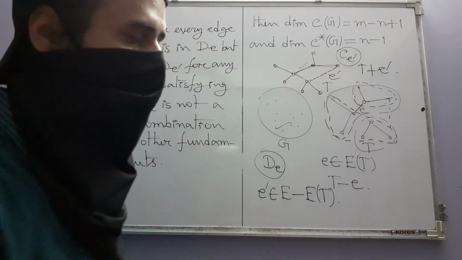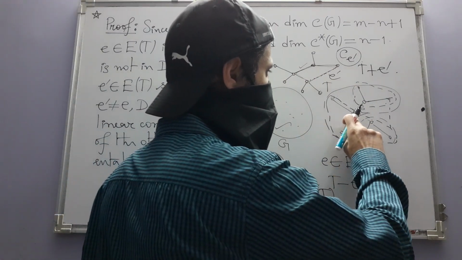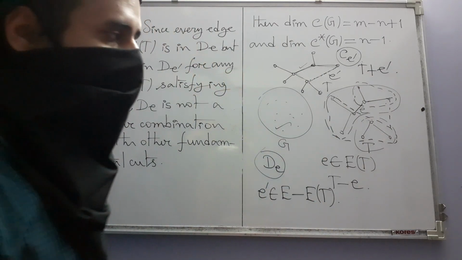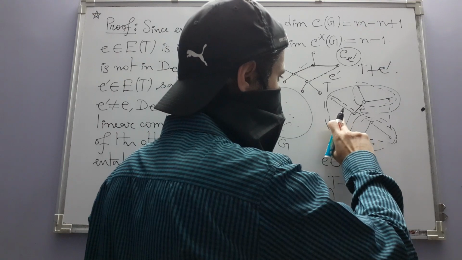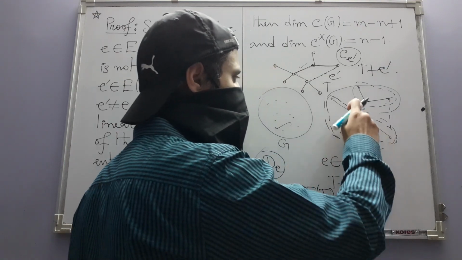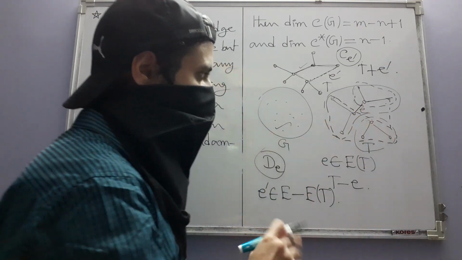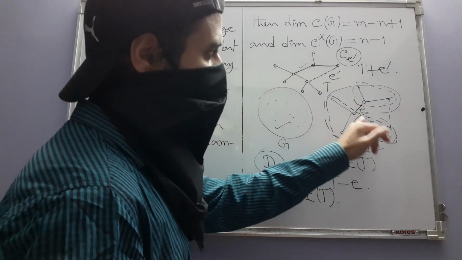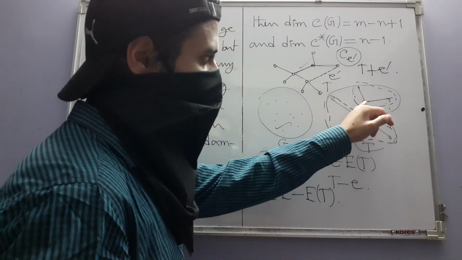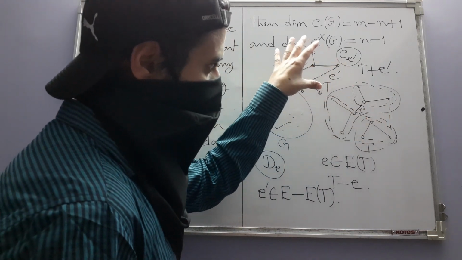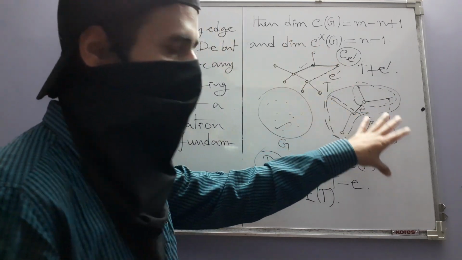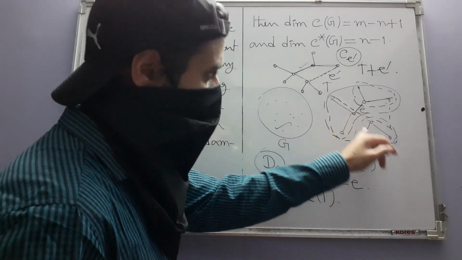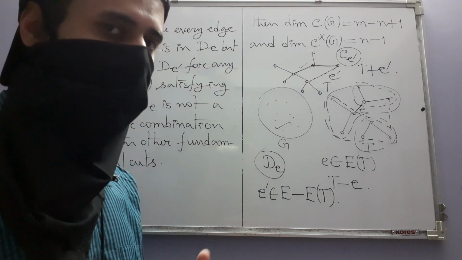Of course not, because E does not have its ends lying in different components. Why? That is because these components have been created by deleting some edge other than E. So definitely the ends of E either will lie in one component or the other, but never like this.